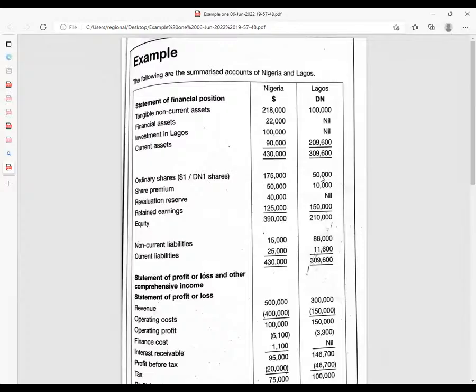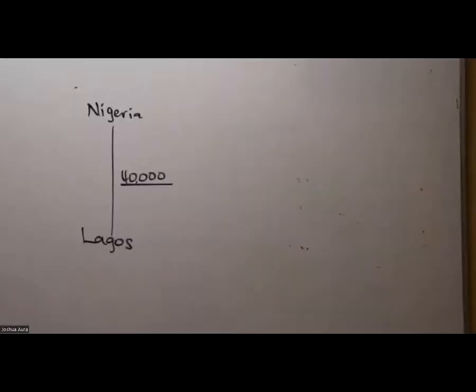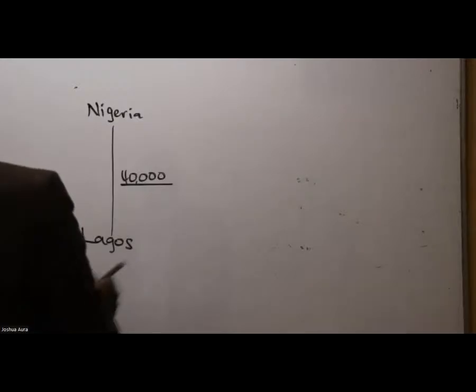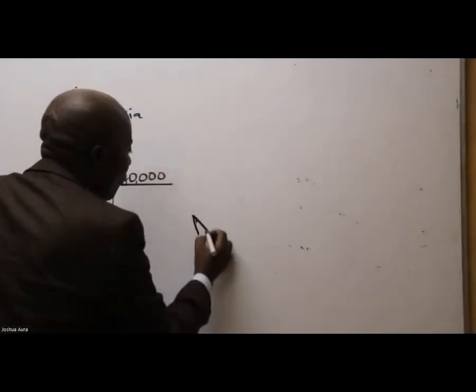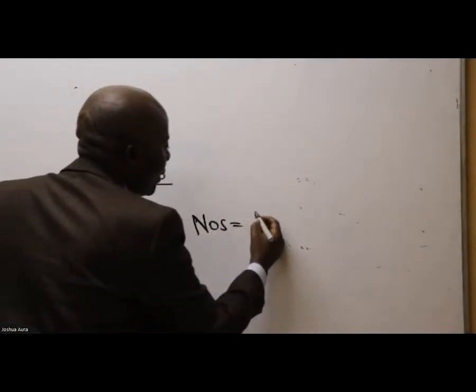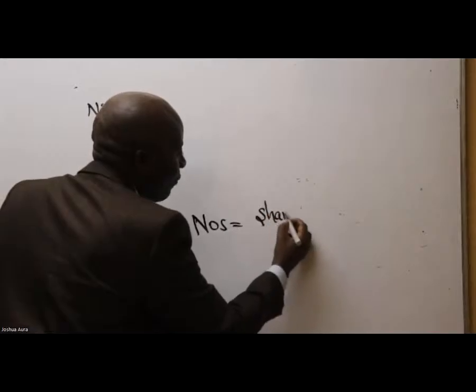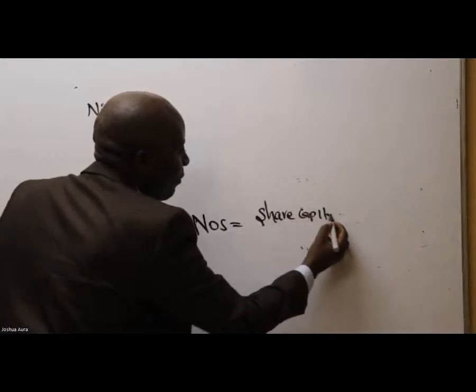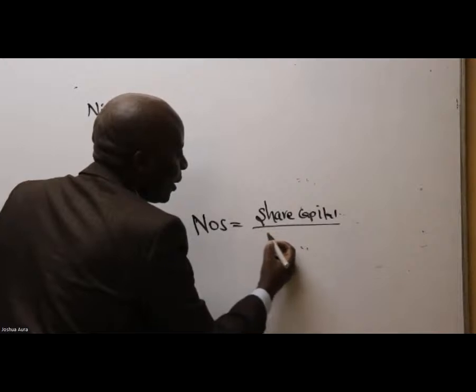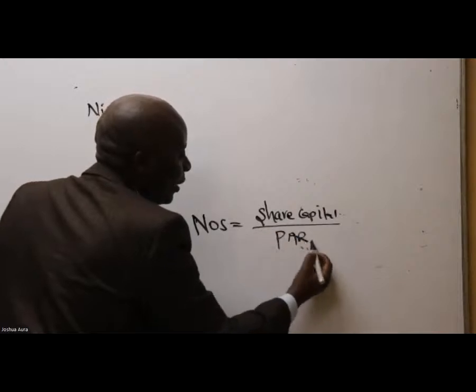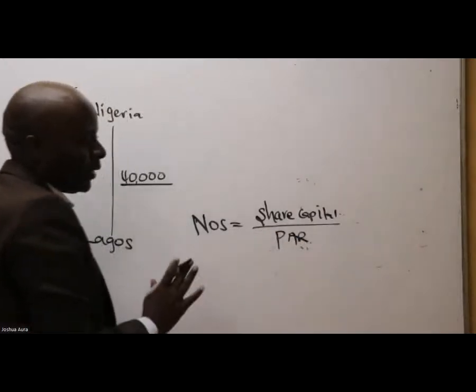You can see the share capital of BBGH is 50,000. You divide by the par value. My good students, anytime you want to get the number of ordinary shares, you always take the share capital given and then divide it by the par value given there by the side.